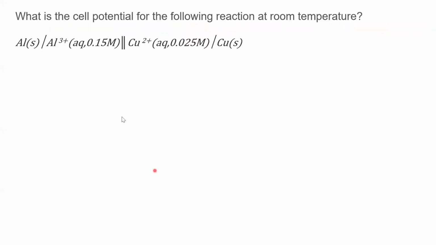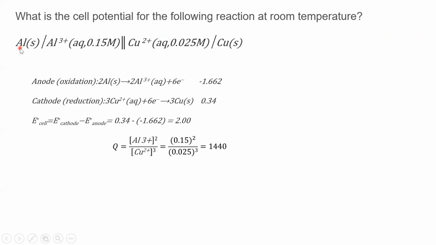So let's look at an example. This is a non-standard cell. How do we know that? Well, standard cells are 1 molar. This is only 0.15. And this is only 0.0025. So this is a non-standard cell. The aluminum is going from atoms to ions, so it's being oxidized.